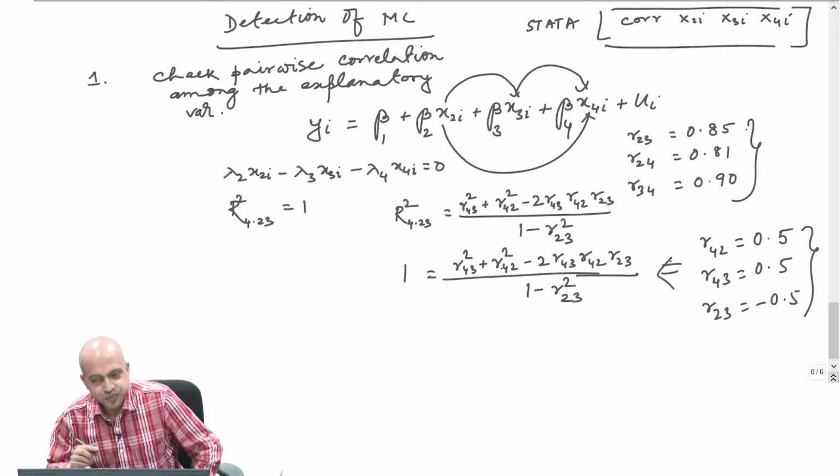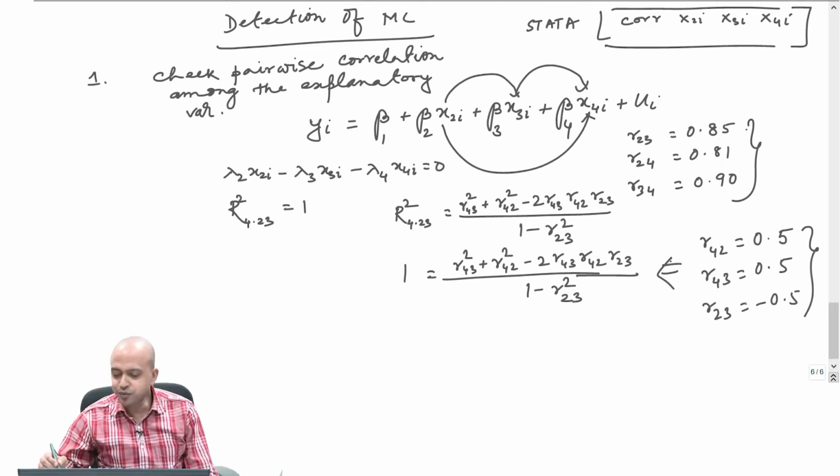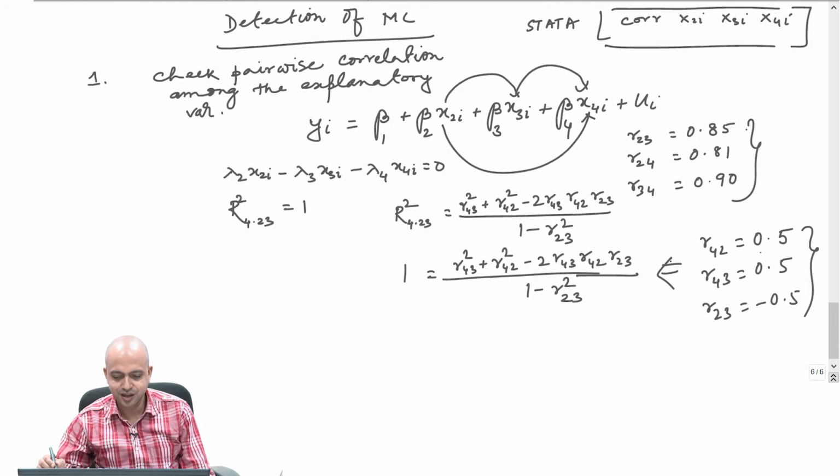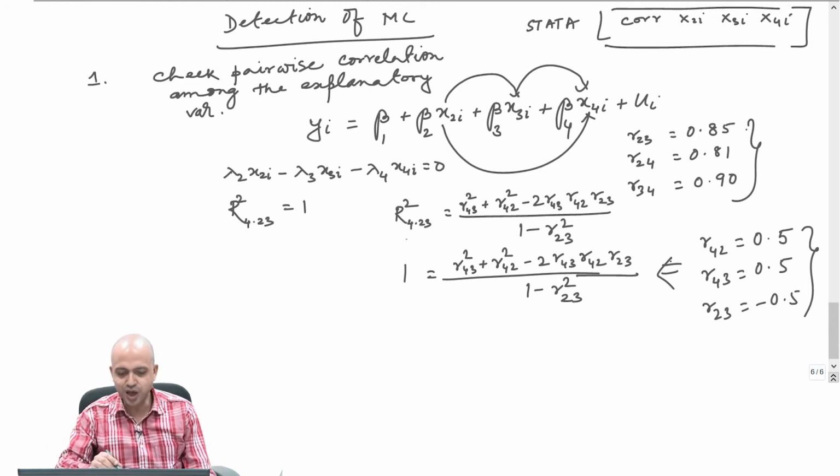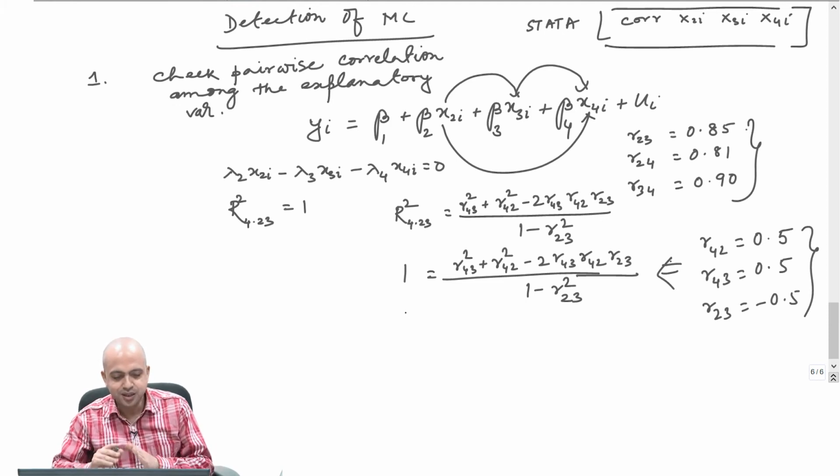That means the pairwise correlation is not very high, but still you have a high degree of multicollinearity. That is why I said that low pairwise correlation does not always rule out the possibility of a multicollinearity problem.